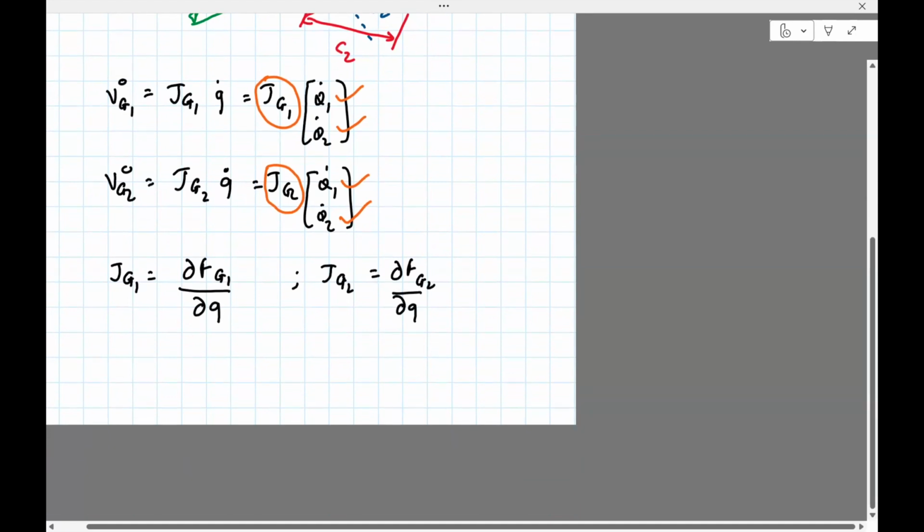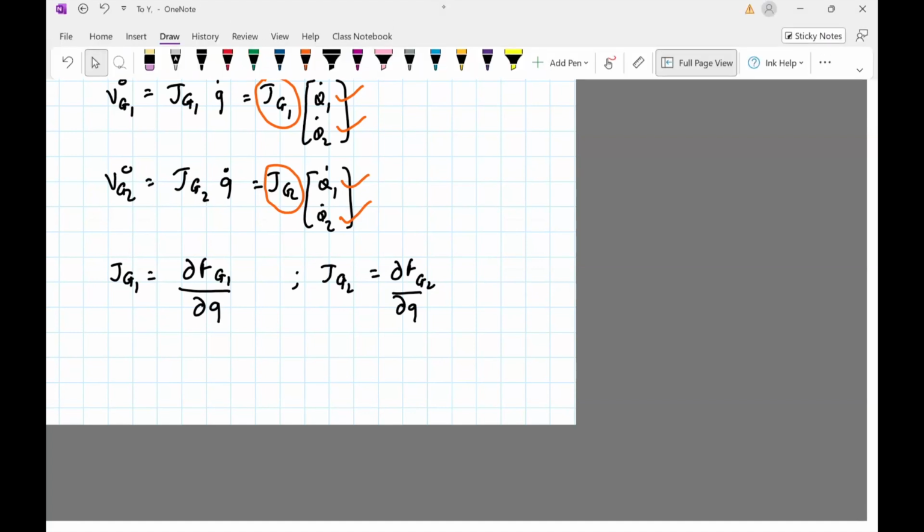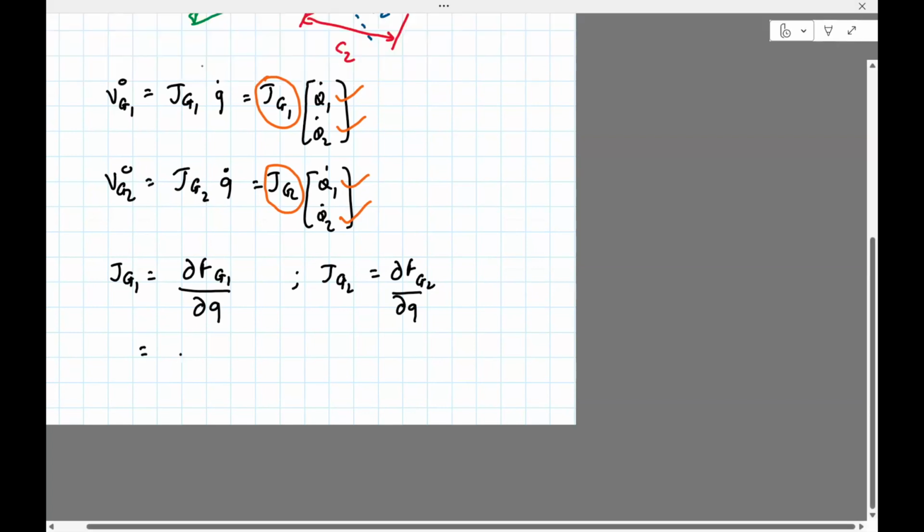Okay, so q is straightforward. It's theta1, theta2. But in order to find fg1 and fg2, we basically need the position of G1 in frame 0.